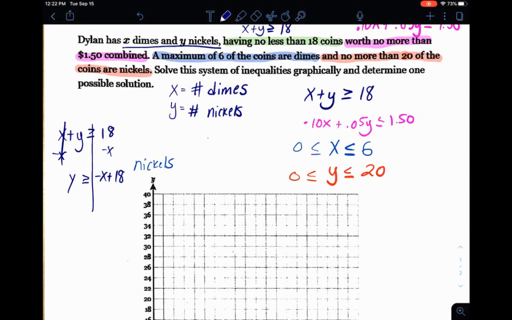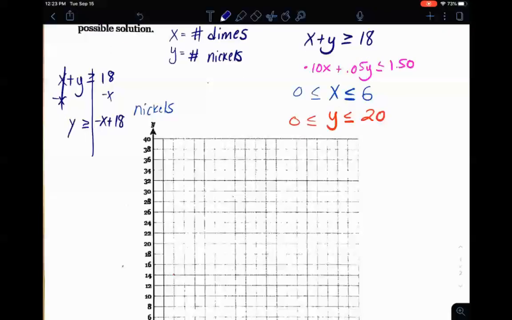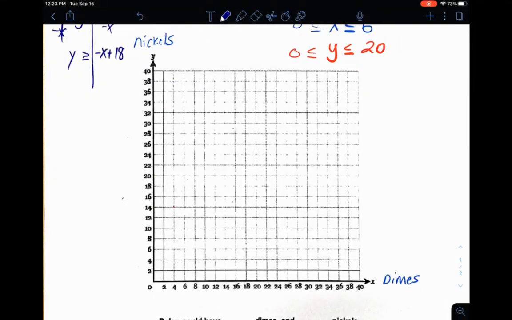How does that help the graph? The 18 is where it is on the y-axis. That's our y-intercept. And the negative x, the number in front of x, is the slope. So it's technically negative 1 over 1, like going down 1 over 1, right?